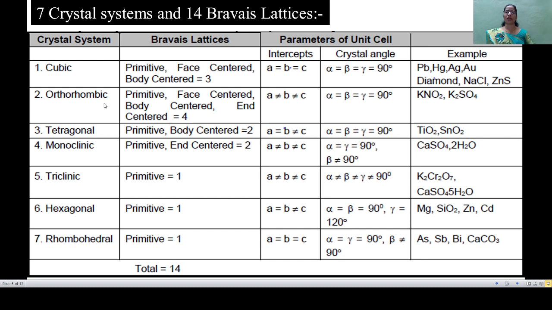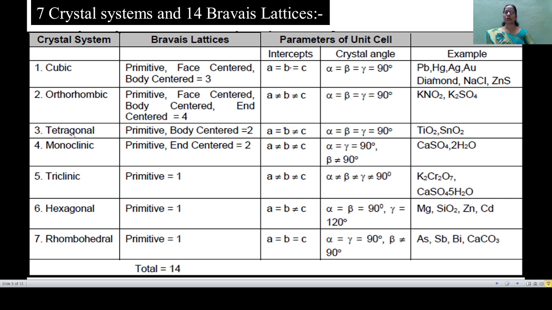Now, in this orthorhombic crystal system, all the edges are not of same magnitude, while all the angles are of equal magnitude and they are of 90 degree. The substances like potassium nitrite, potassium sulfate are showing their unit cells in this type.